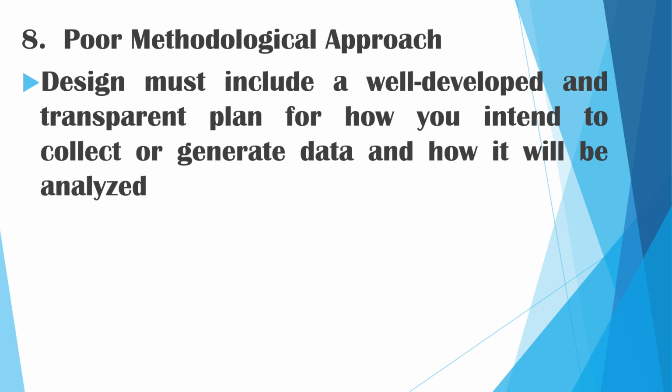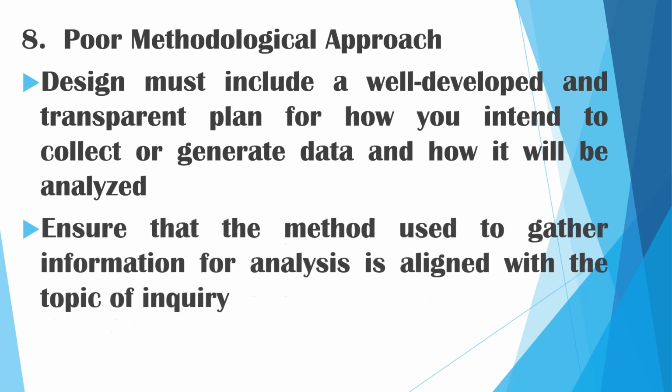Design must include a well-developed and transparent plan for how you intend to collect or generate data and how it will be analyzed. Ensure that the method used to gather information for analysis is aligned with the topic of inquiry.